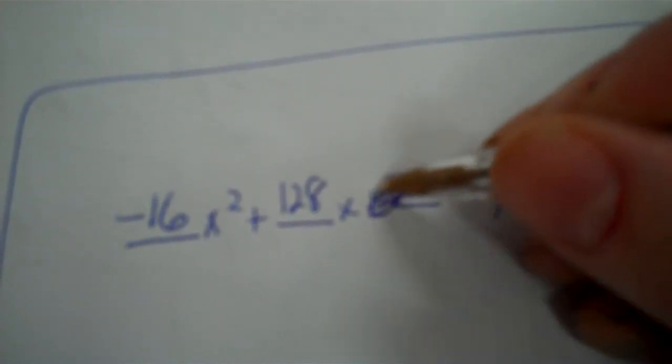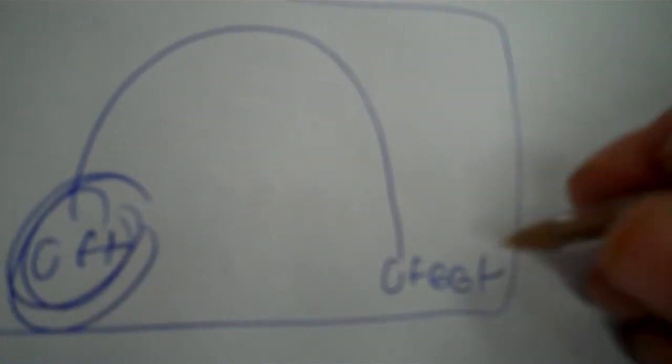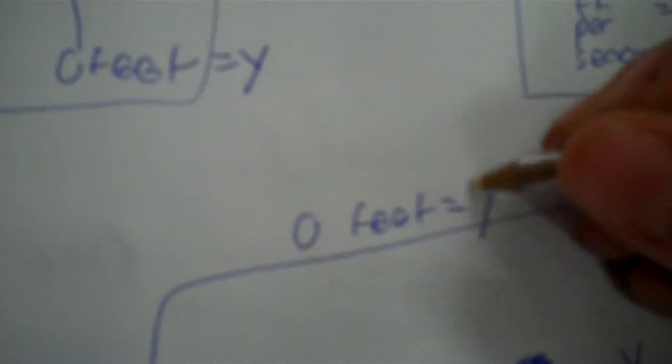Okay, so negative 16 is my x second. 128 is my x. Now this 0 is put in the constant place, which means we will not have a constant. And then 0 feet is equal to y, since feet equals y.